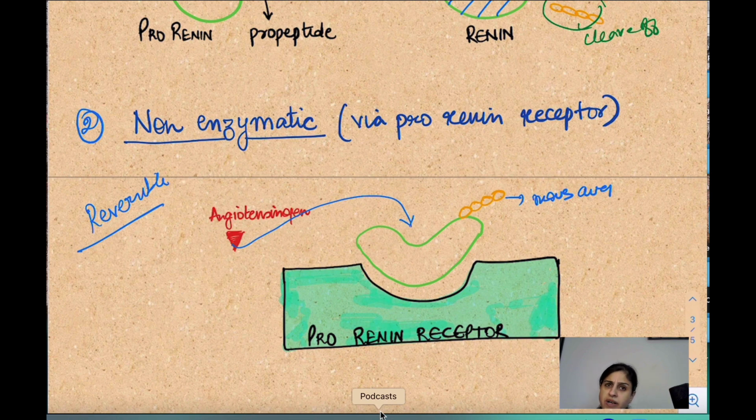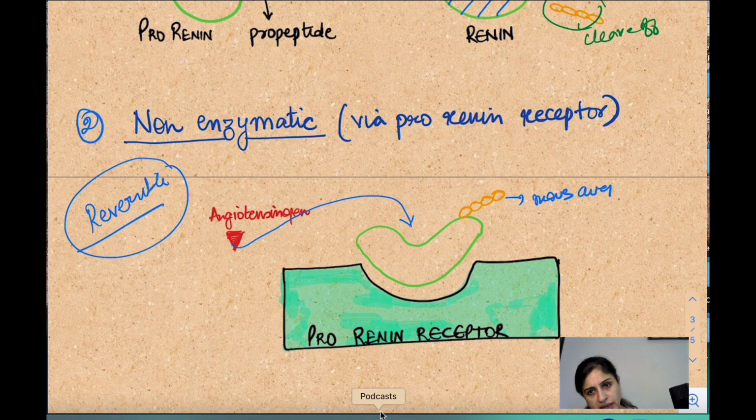And when the effect is over, it has done its job, it can again go back to its previous state and close it. So again it becomes the non-active or inactive prorenin. So this is a reversible process. Most of the time this is what is happening. It's a reversible process, and this is how it's getting activated.